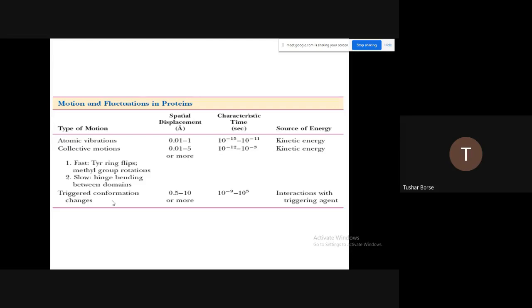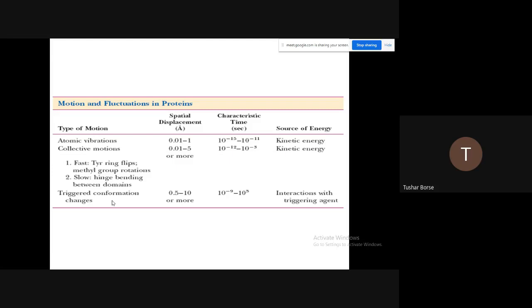The moment I phosphorylate, there is a conformational change due to which the active site opens. And if I remove the phosphate, again there is a conformational change, and the active site is closed, right? So to have these different types of motions or fluctuations in the protein, the compaction should not be 100%. There is some amount of space which gives the chance of having such fluctuations or motions in the proteins, right?